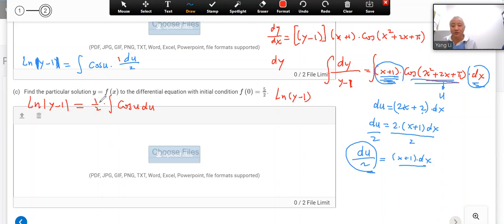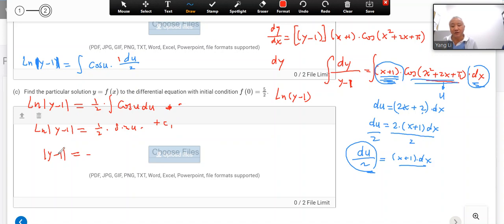When you finish this integration, you will have one half sine u, and this side is still ln|y minus 1|, like this. Then you get the absolute value of y minus 1 equals, oh, you have a constant there, c1, like this.